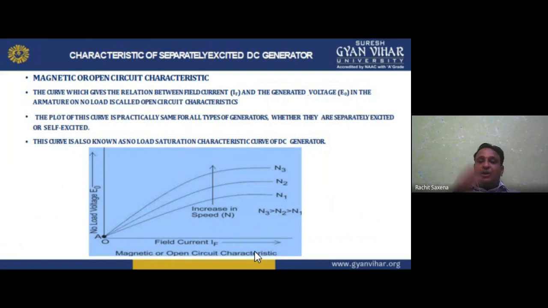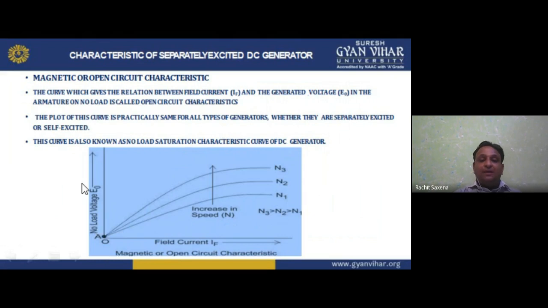So we are drawing a characteristic between If and E0. The plot of this curve is practically the same for all types of generators, whether separately excited or self-excited. So this characteristic is the same for separately excited, series wound, shunt wound, compound, differential or cumulative. This curve is also known as the no load saturation characteristic curve of DC generator.